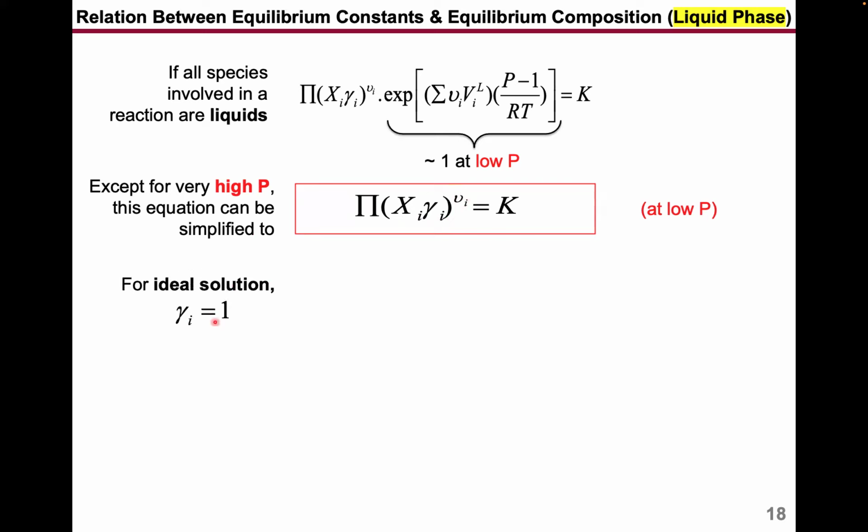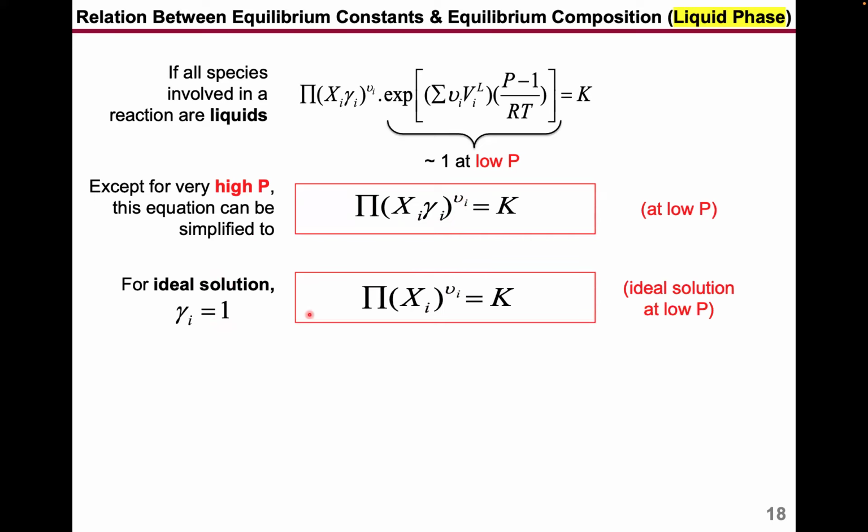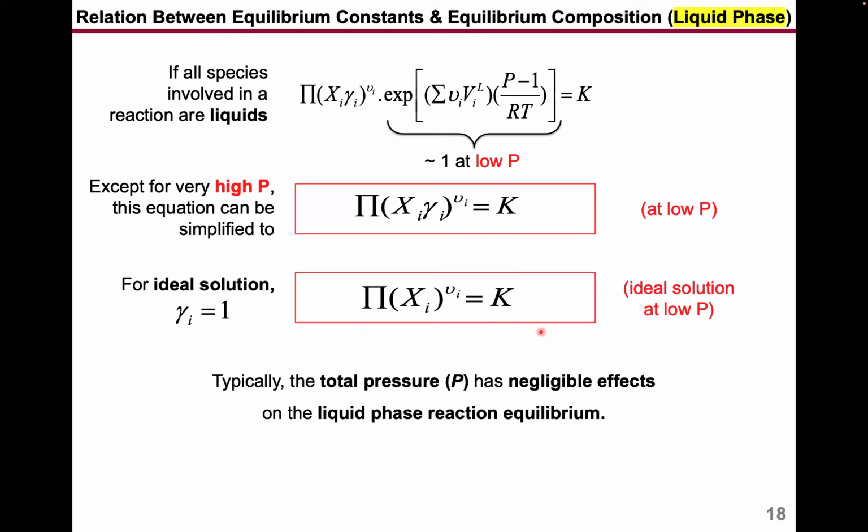Now for an ideal solution, gamma i is just equal to 1. So you can further simplify if this liquid phase reaction follows the ideal solution model. You can just get rid of this gamma i, and then in the end, you just have the product of xi to the power vi equal to the equilibrium constant.